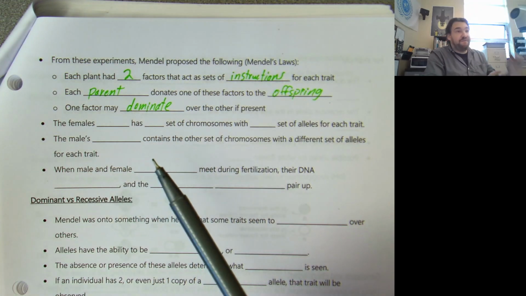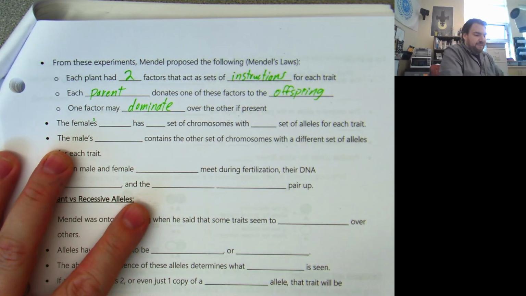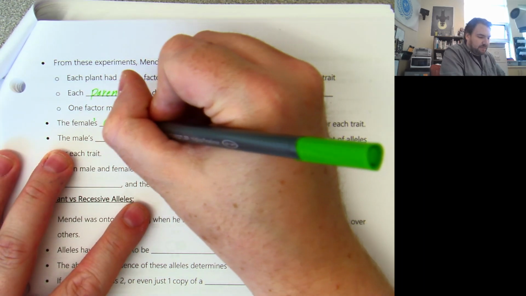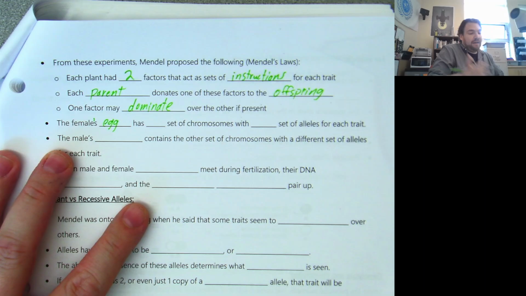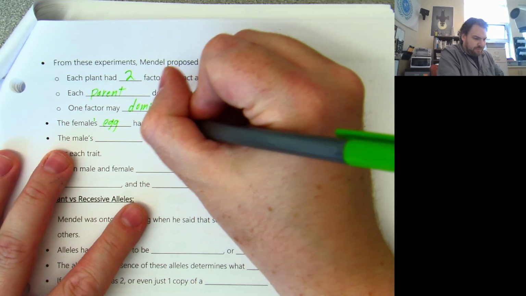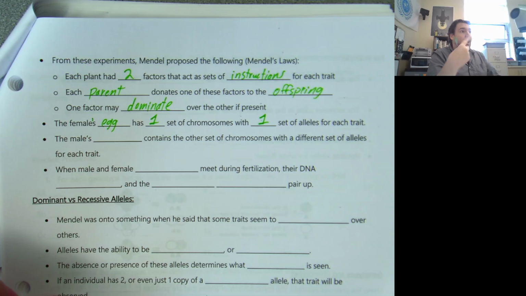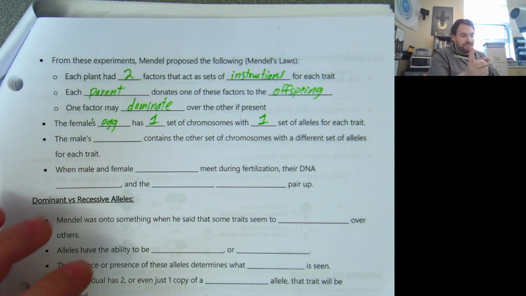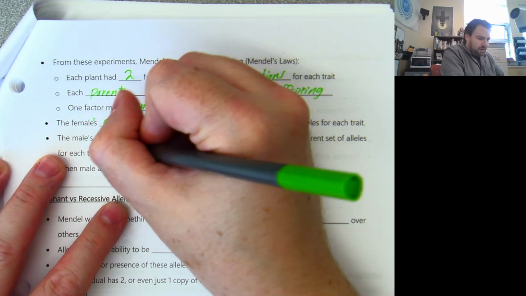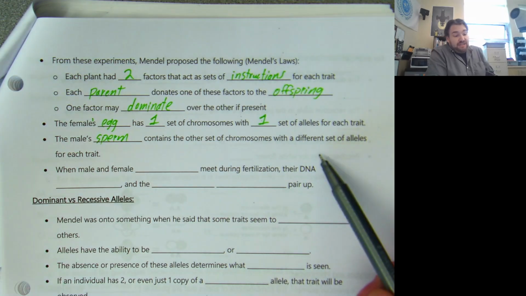So, the females, there should be an apostrophe in there. The female's eggs, or female's egg, singular, has one set of chromosomes with one set of alleles for each trait. One representation for the gene of each trait. The male's sperm contains the other set of chromosomes with potentially a different set of alleles.